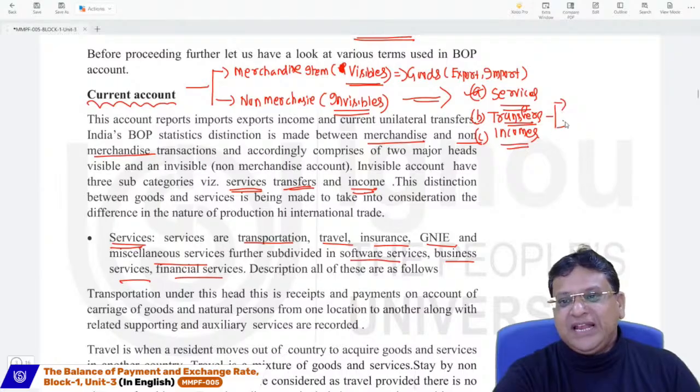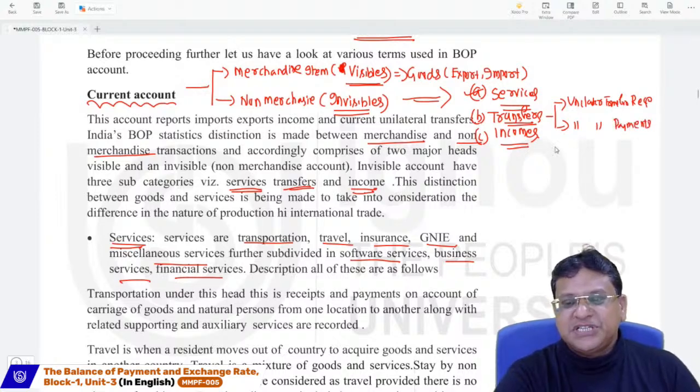These are unilateral transfers: unilateral transfer receipts and unilateral transfer payments. We will discuss what is transfer, unilateral transfer receipt and unilateral transfer payments later on.